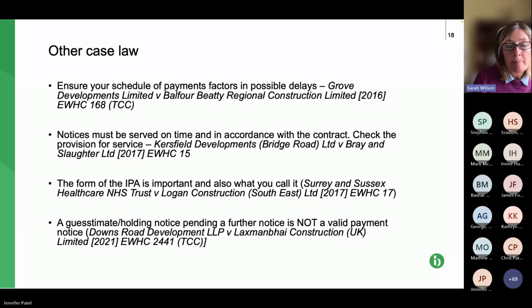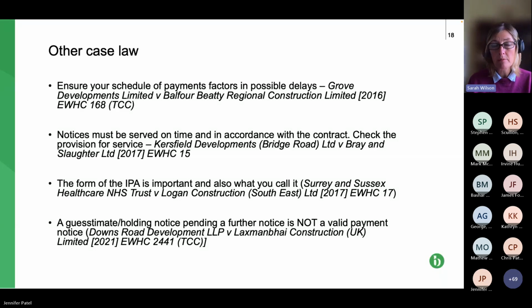And then this 2021 case, the final bullet point. In this case, there was a sort of mixture of, and we see this quite a lot, we're going to pay this on account, and we are going to have another think about it, once we've submitted this notice.